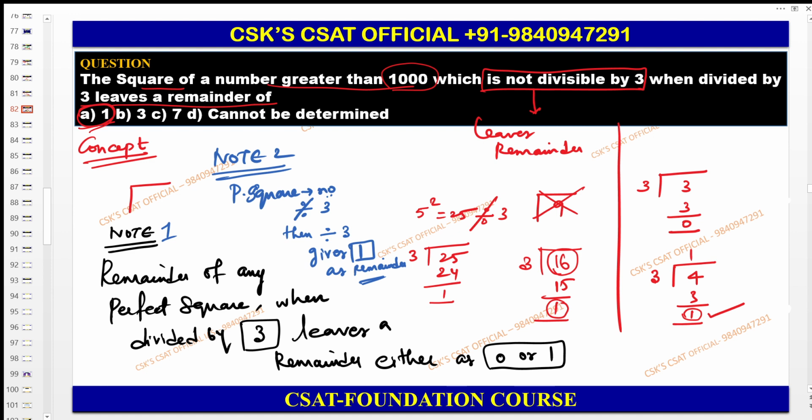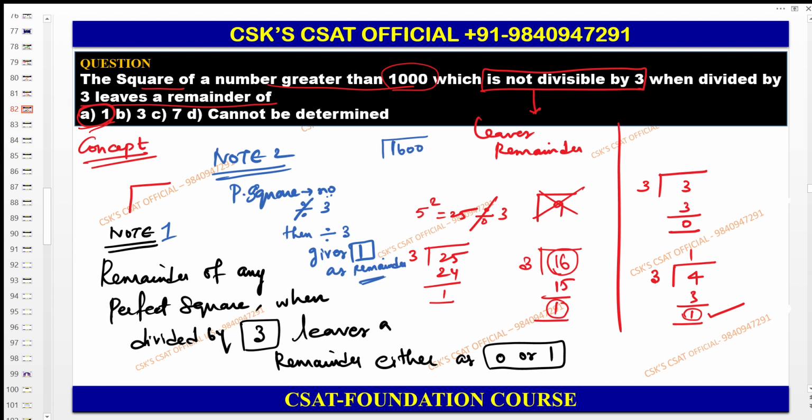Okay, sir. So it means we do not consider whether the square is of a number greater than 1000 or less than 1000. Even if you take anything, listen, she is asking something else. Square of a number greater than 1000, let us take 1600.